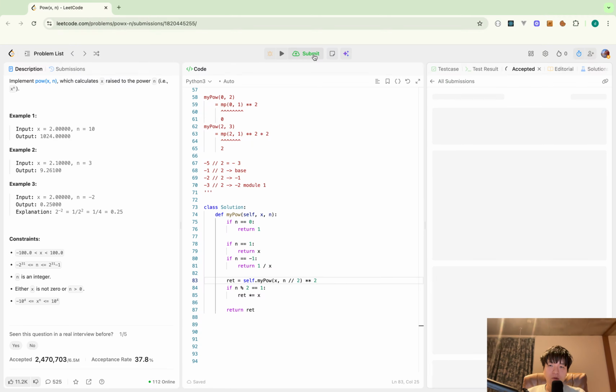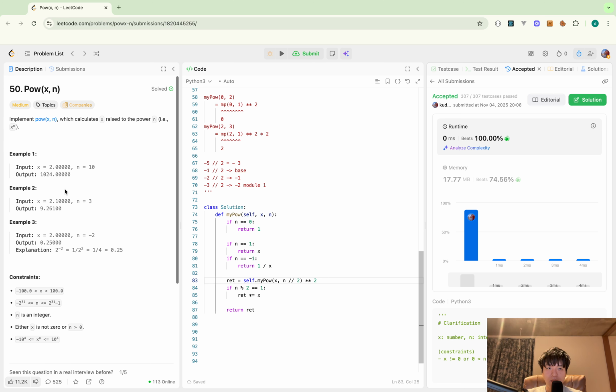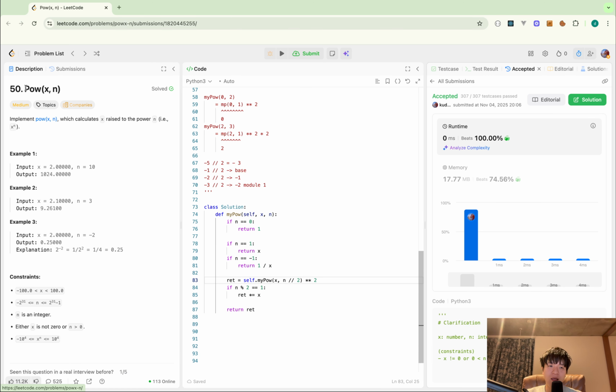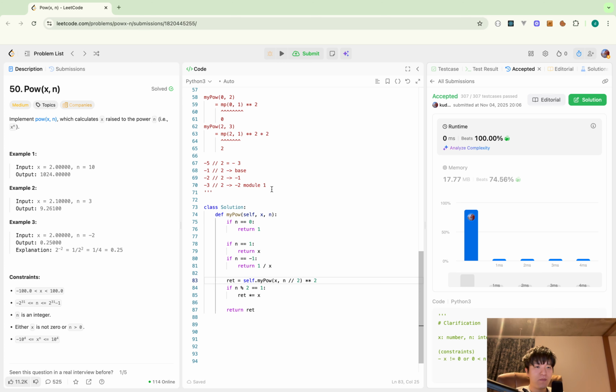Okay, so let me quickly wrap up the takeaways of the question: power x to the n. For this question, I use the recursion. In each recursive function, I divide n by 2 and calculate x to the power of n divided by 2, squared.